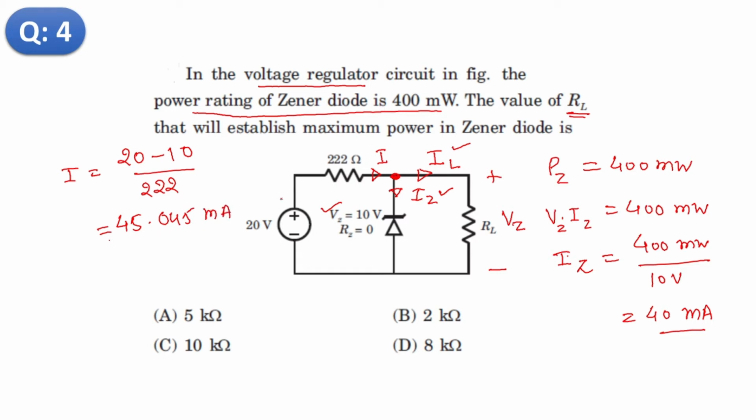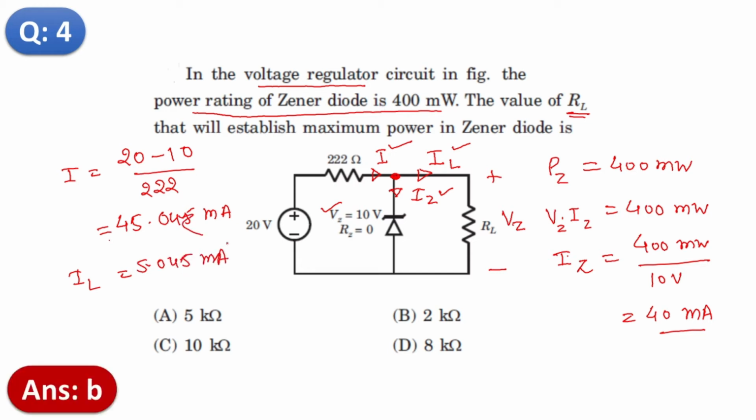So easily we can calculate this IL. This current is 45 and this current is 40, so the IL will be 5.045 milliampere.